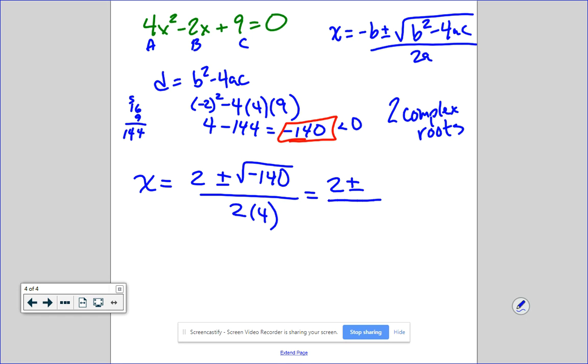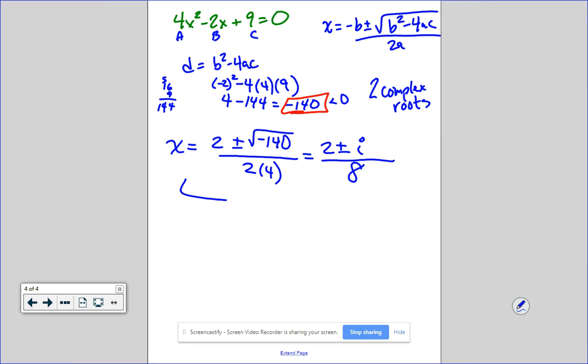So I have 2 plus and minus. Well, what do I have to do with the square root of negative 140? Got to pull the i out. So I got an i out there, but now I also have to simplify that radical. So you put 140 in the box.